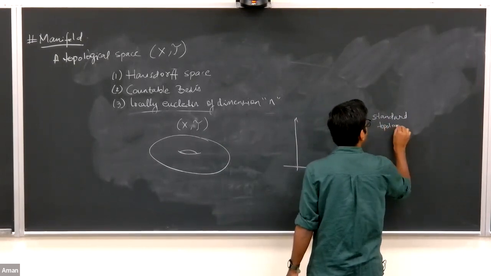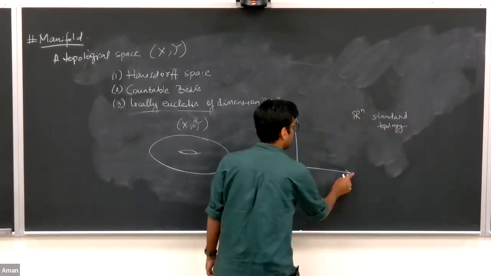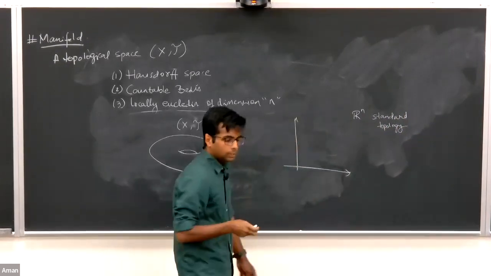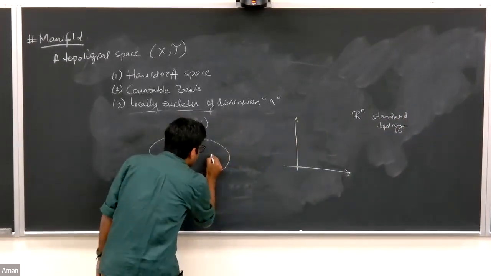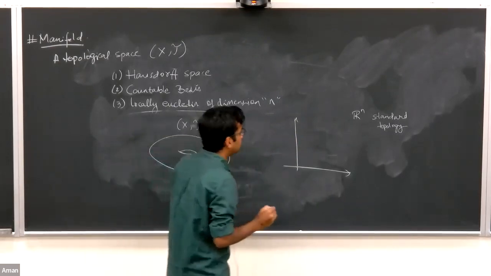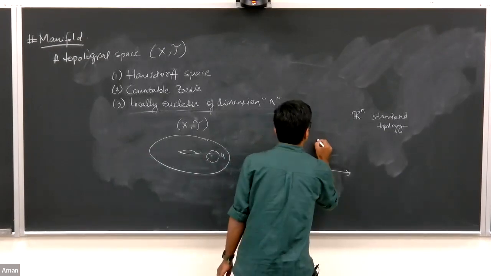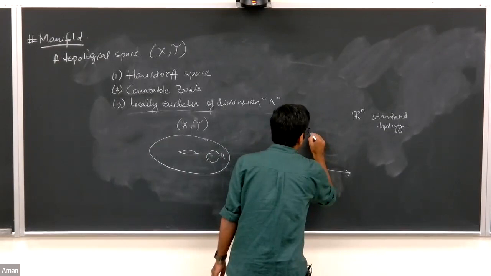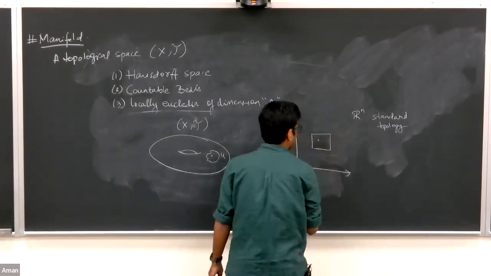And recall that standard topology just means that it's Euclidean and it has the Euclidean distance metric. Now let's imagine that you have a point here with the neighborhood U, and the same point can be mapped here with an arbitrary neighborhood in the real plane.